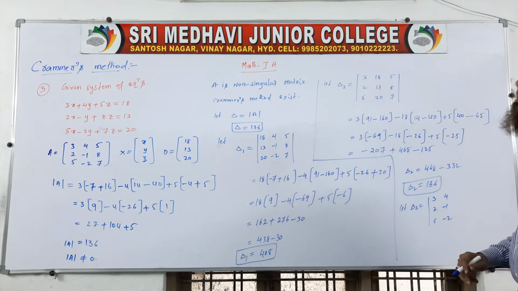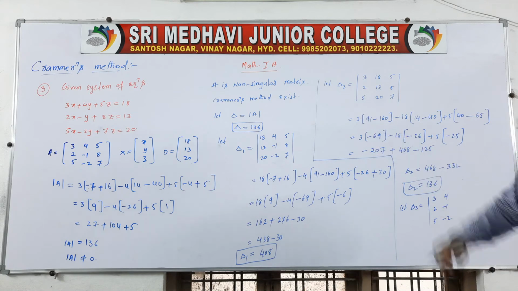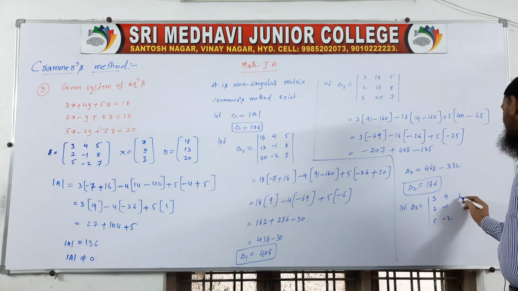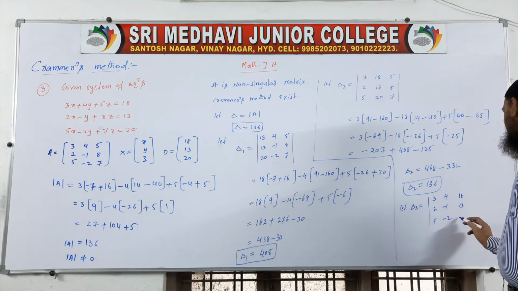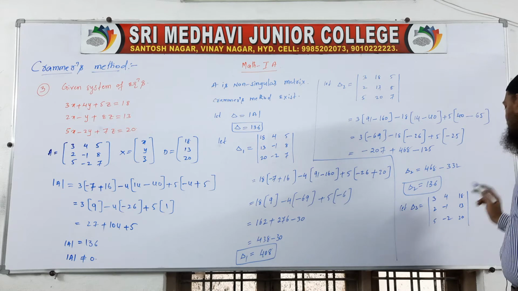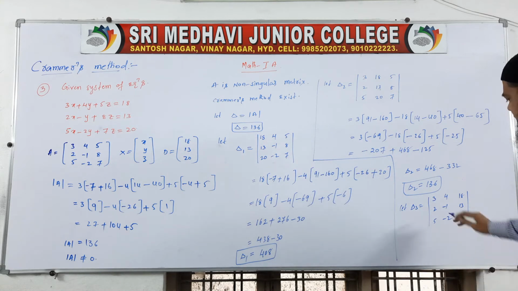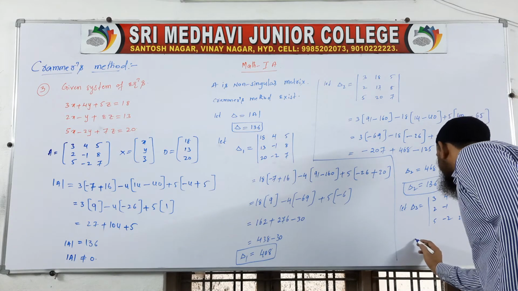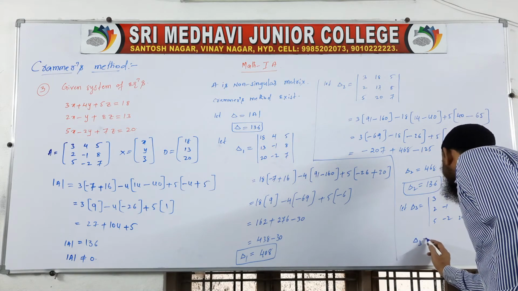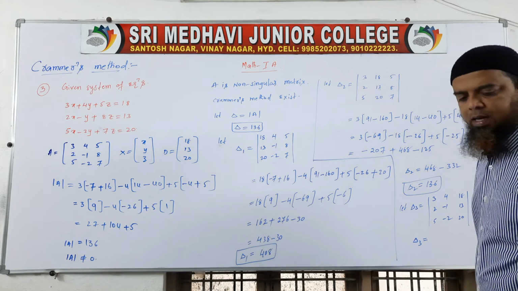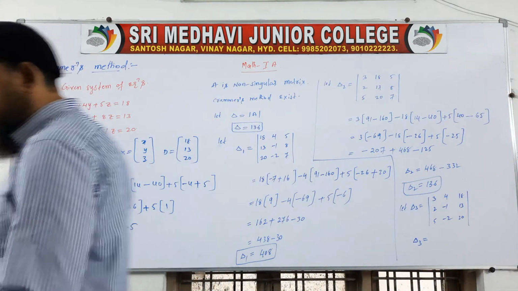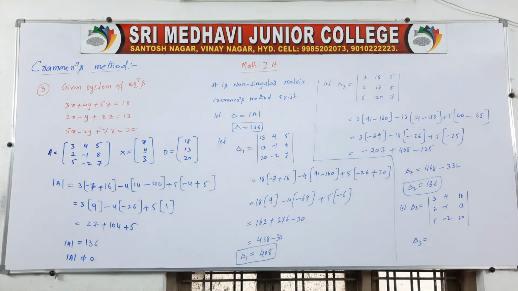Now we are replacing the last column 587. Just erase that 587 and write down 18, 13, 20. Find out the determinant. You will get delta 3 is equal to some number. First you note down, then we will see what is delta 3, then we will do the problem.